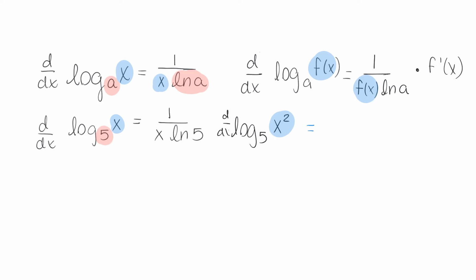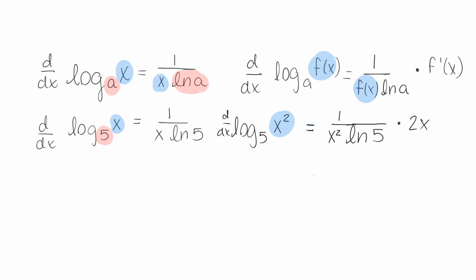The derivative of this is going to be 1 over f of x, which is x squared, times the natural log of a, which is 5, times the derivative of f of x, so 2x, because the derivative of x squared is 2x.